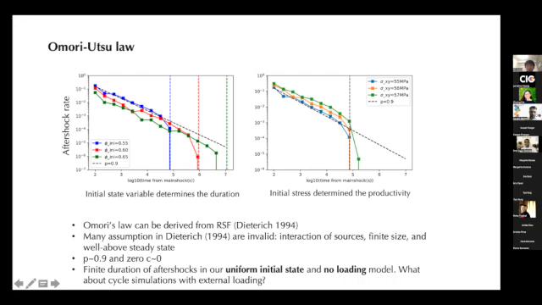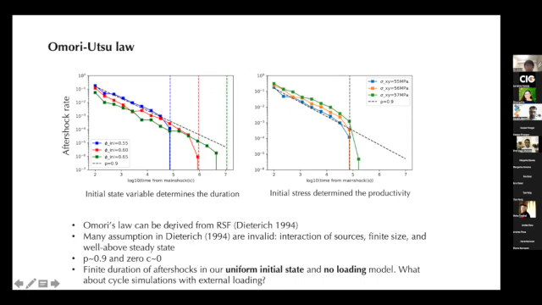Of course, it's an analytical derivation, so there is no interaction between sources, and faults are considered to be a spring slider, which doesn't have any finite size. And also, in computing time to instability, the original paper has to assume well above steady state in the sense of rate and state friction.